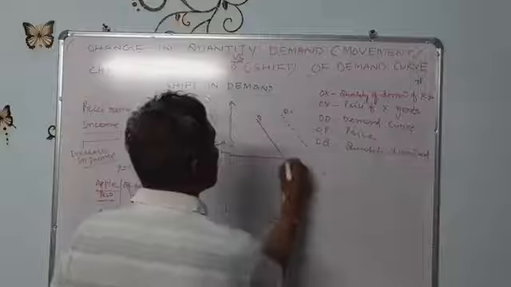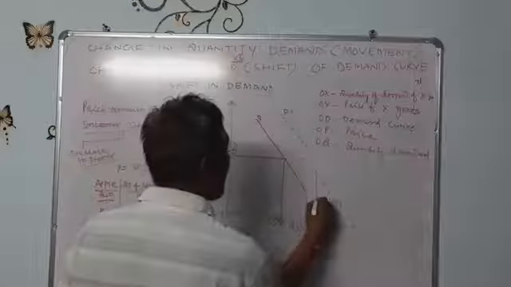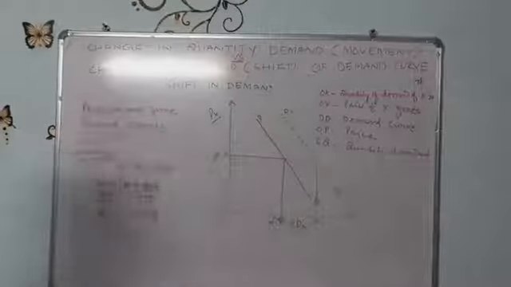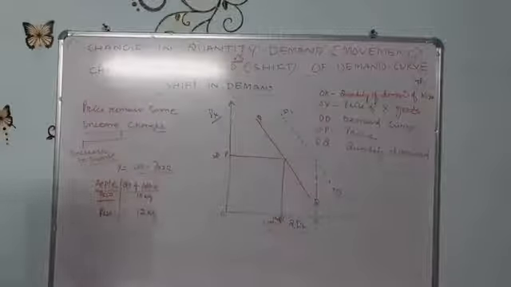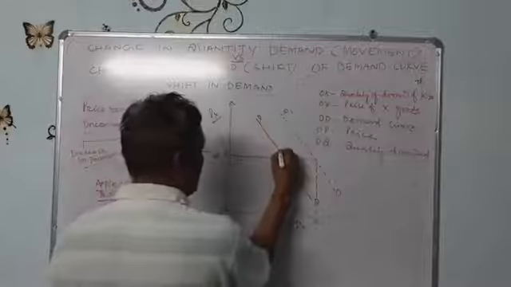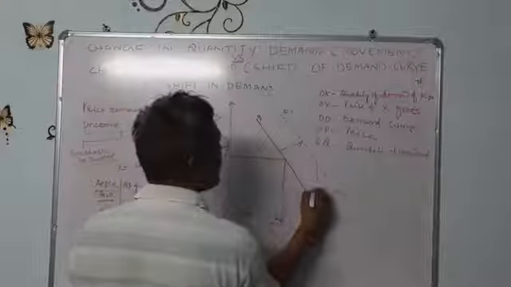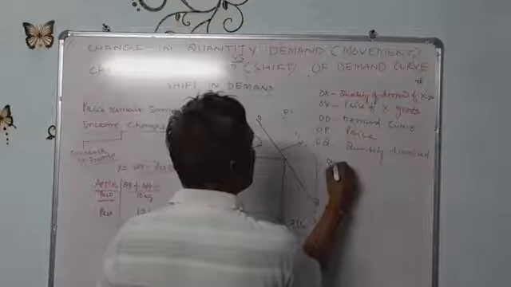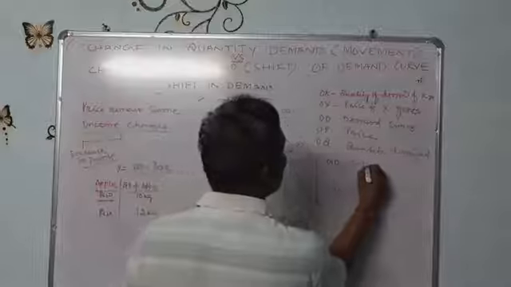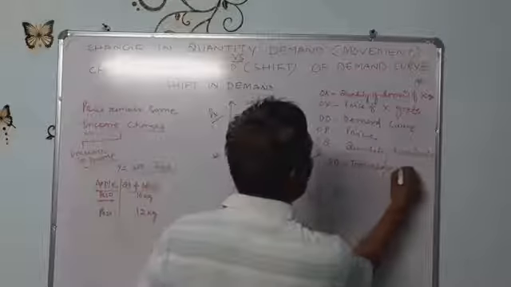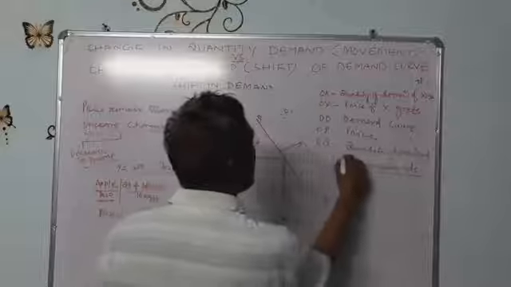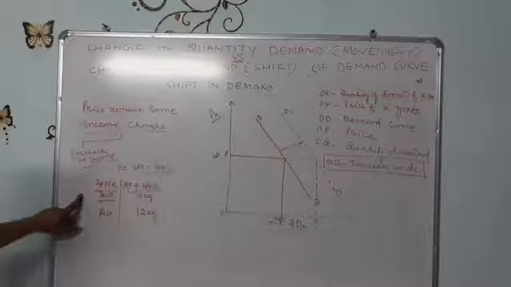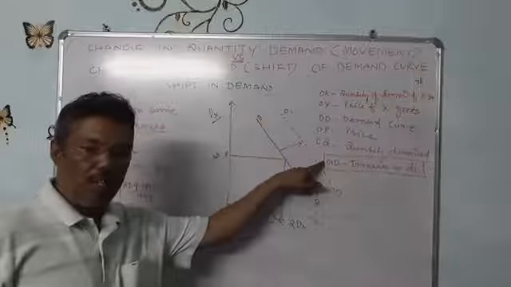D1 is the increase in demand. How much increase? This is the 12 kg. So this movement from DD to D1 is known as an increase in demand. Same price, income increases, quantity demanded increases.